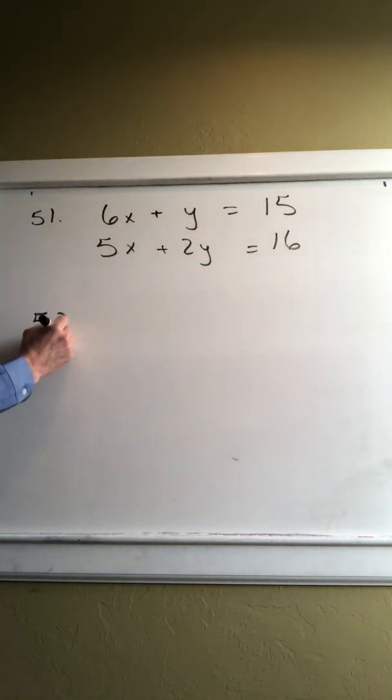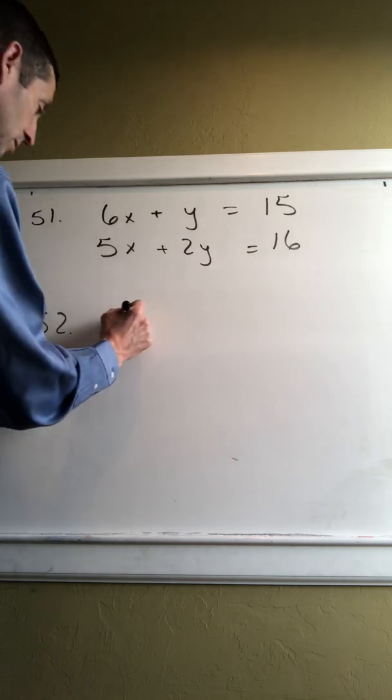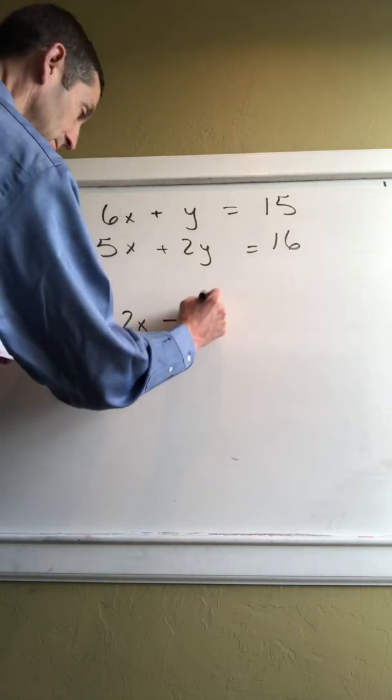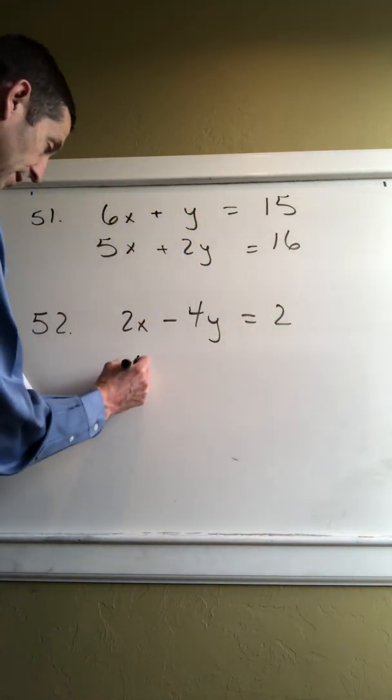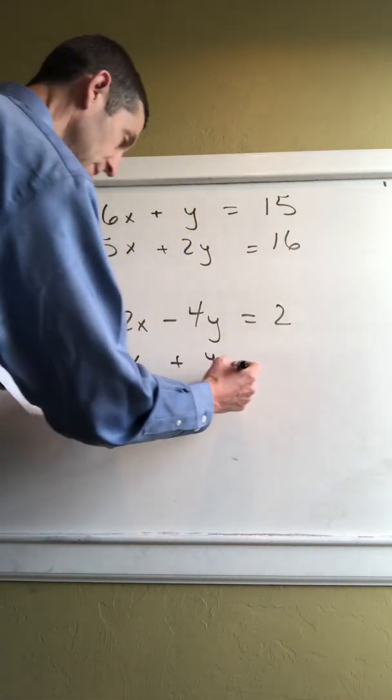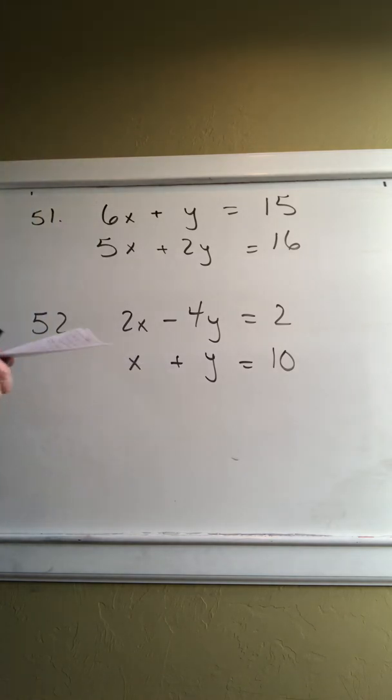And here's 52. 2x minus 4y equals something, and 2x plus y equals 10. All right, guys, there's your last two. That's 49, 50, 51, 52.